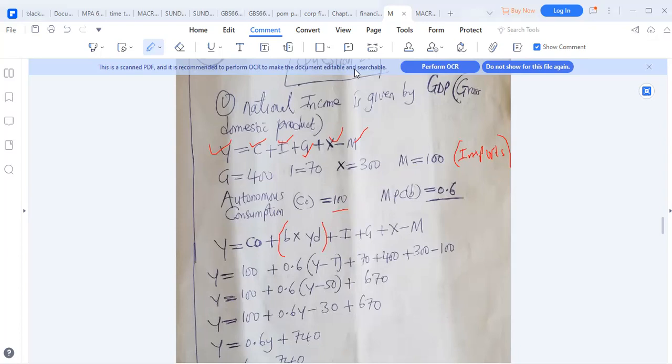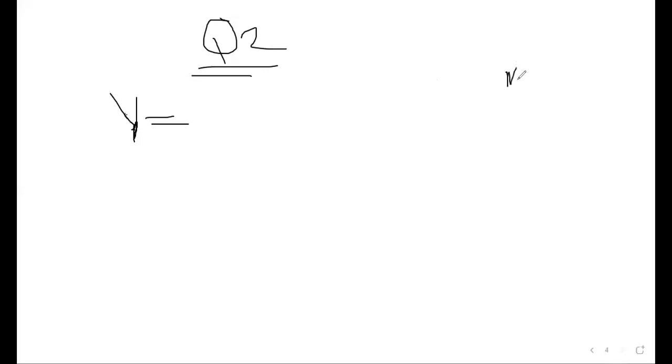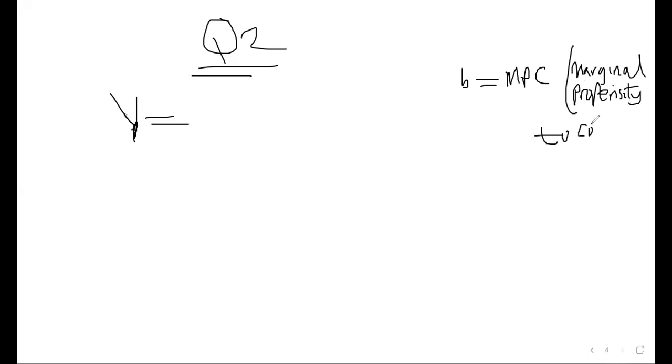The MPC is also called the B. So we have our consumption plus our investment, plus the government spending, plus the exports, minus the imports.